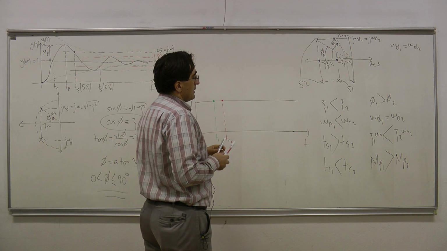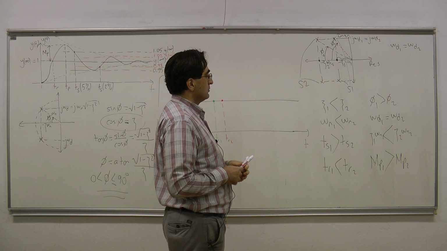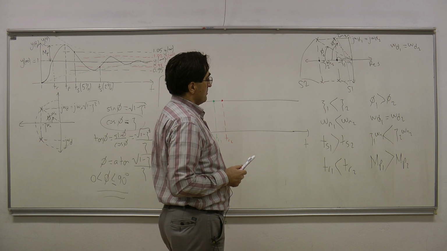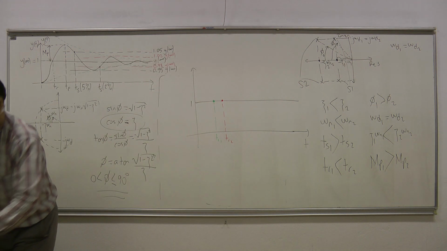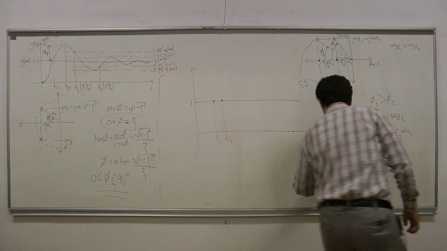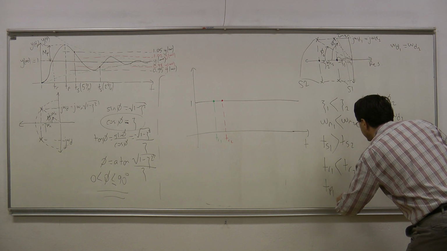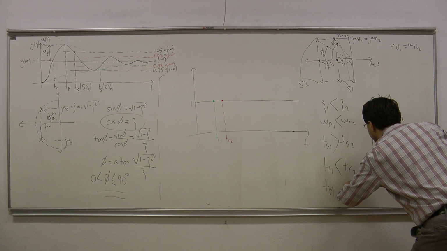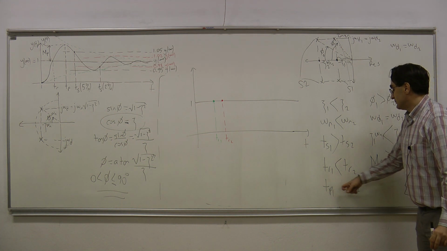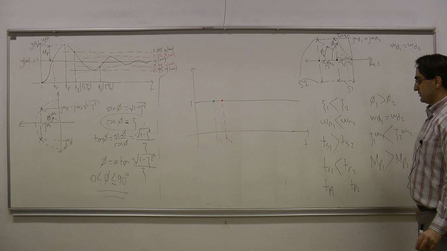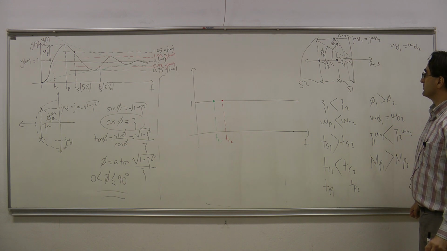And what about the maximum overshoots? Before the maximum overshoot, let me write the relationship between the peak times, TP1 and TP2. What is the relationship between the peak times of these two systems?